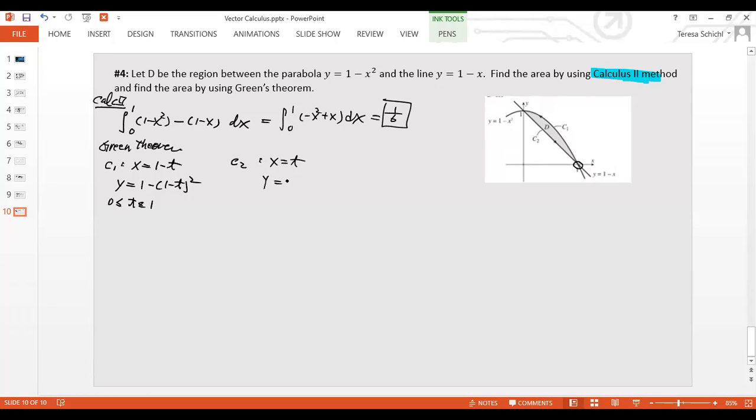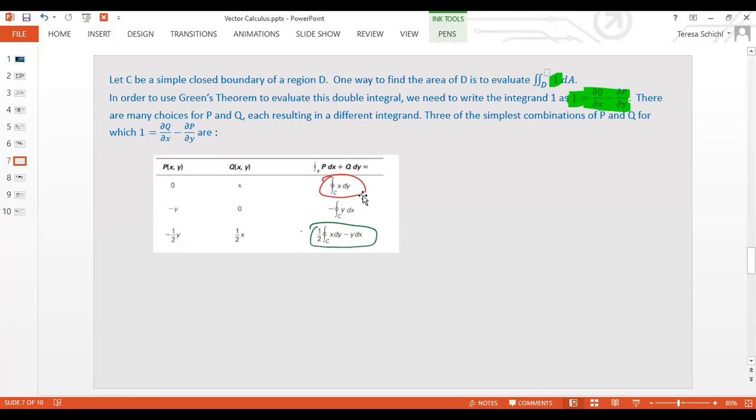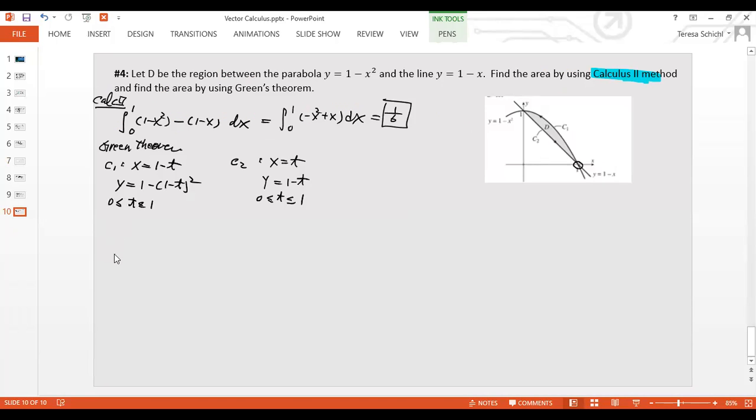Then y will be 1 minus t, right? So t is still from 0 to 1. So again, it looks simpler.